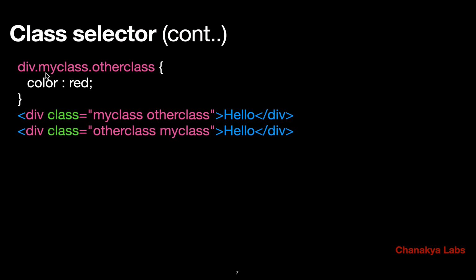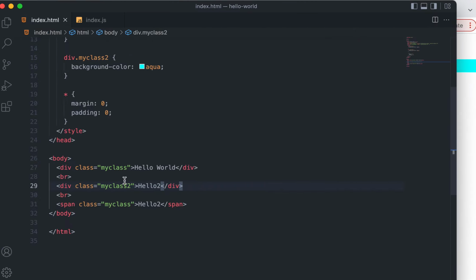Okay, next, we can have multiple classes also in the class attribute. Here we saw that just one class is there, right? But we can have something like my class and my class 1. You put a space, and after putting a space you can put as many as you want.